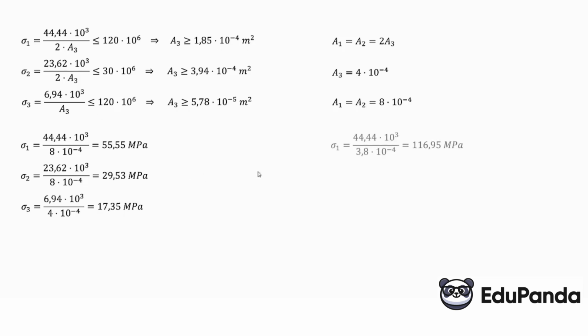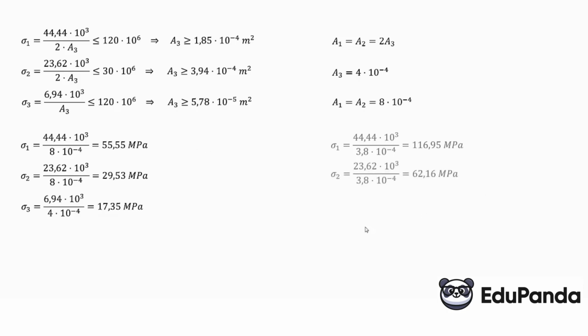But what would happen then? The stresses in the first bar would be here at the limit. 120 megapascals was the strength of steel. Because we are dimensioning from the first condition, we are here at the limit. So that 3.8 was the area. If we had assumed 1.9 for A3, then A1 and A2 would have been twice that, which is 3.8. We would be at the limit with the first bar, which is 120.